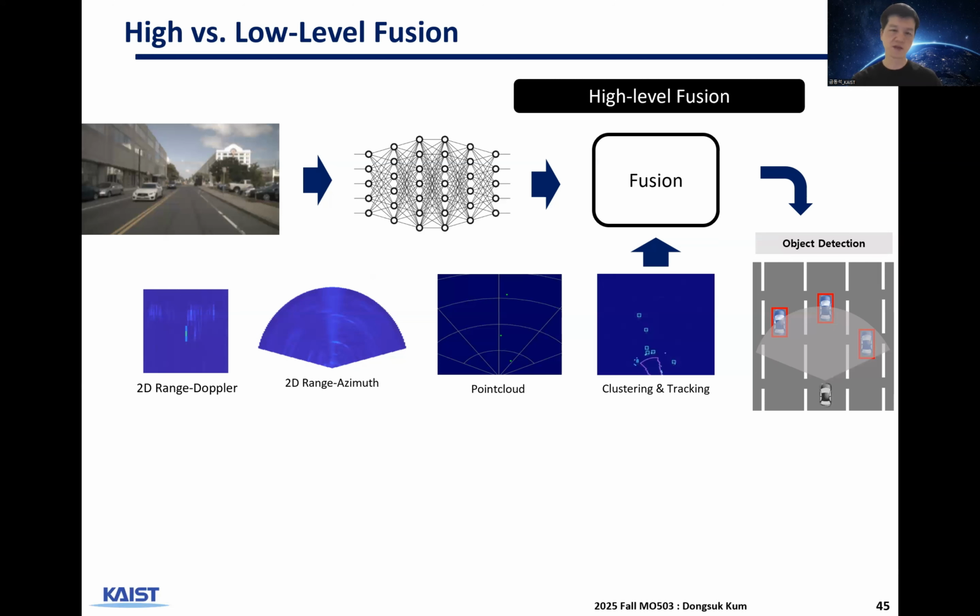For example, if radar says there is no object, but camera says there is an object, how would you go about it? Well, we want safety, so we want to be more conservative. Then we would say there is an object, right?